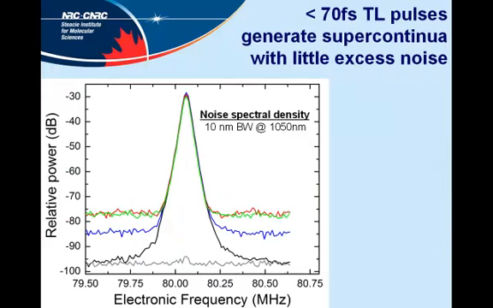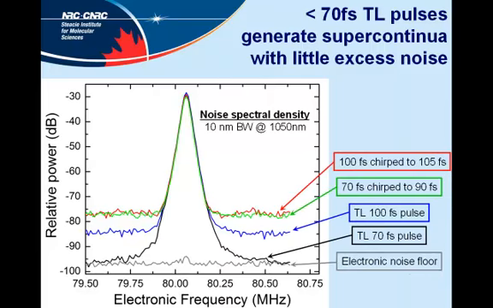Now I'm going to look at the noise density in this 10 nanometer bandwidth around 1050 as a function of the input parameter of the laser. So there's the noise floor, and if I take a transform limited 70 femtosecond pulse, before I showed you a 220 femtosecond pulse, this is now a 70 femtosecond pulse at the input to the fiber.